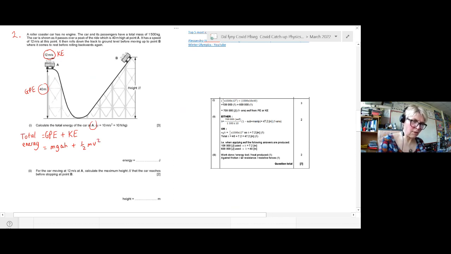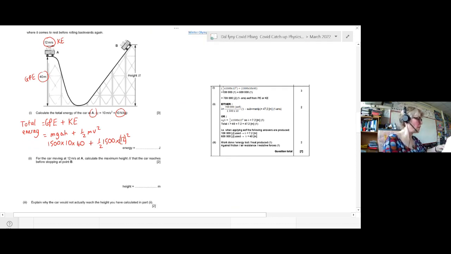The mass is 1,500 times g, which is 10, times the change in height, 40, plus half of the mass again, 1,500, times the velocity at the top, 12 squared. If you add both those up, I have done it previously, so I'll just resort to it so that you don't have to waste time watching me do that. So that comes out at 7.